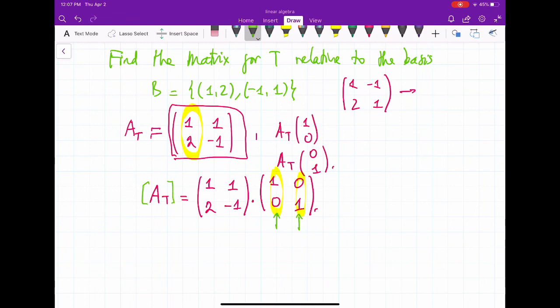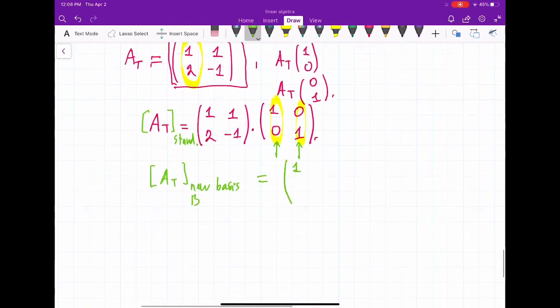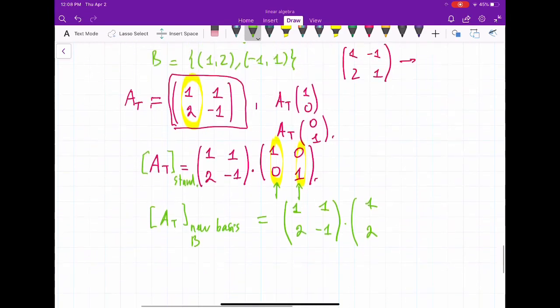So I would write like this. This is the matrix of T with respect to the standard basis. Now I want to find the matrix of T with respect to the new basis, in this case B, that is nothing but 1, 2, negative 1, 1, which is equal to the standard representation of T multiplied with 1, 2, that is the first vector in B, and negative 1 and 1.